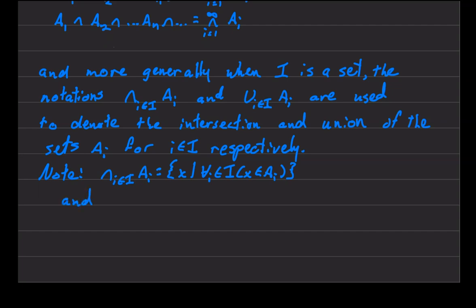And for the union of i in set I over Ai, we have the set of all x such that there exists an i in set I where x is in Ai.